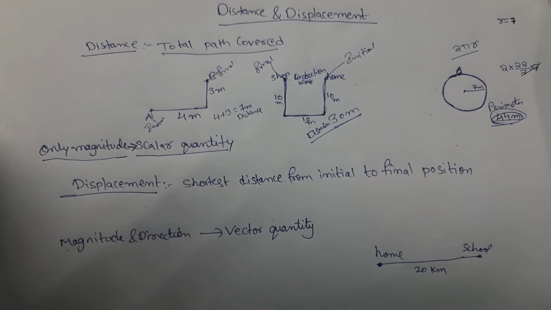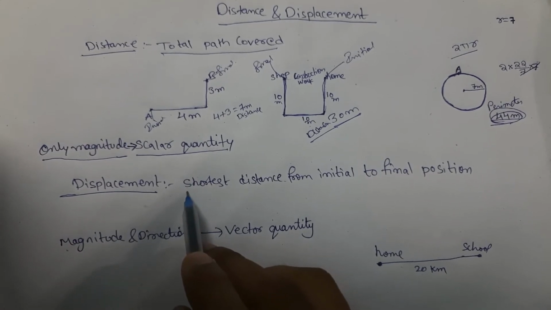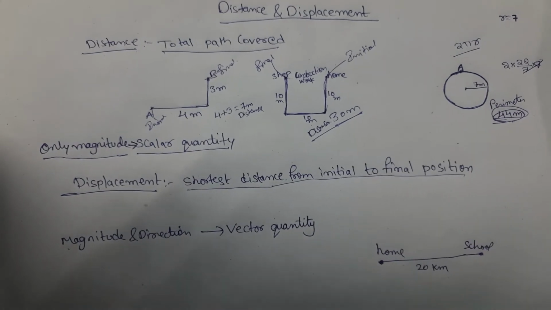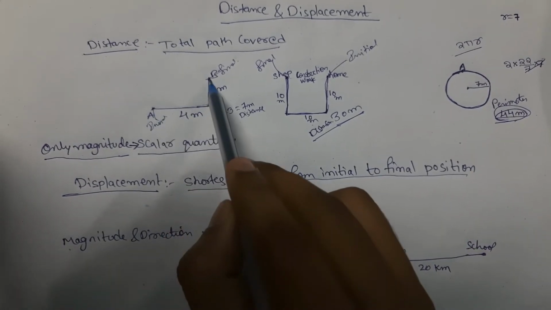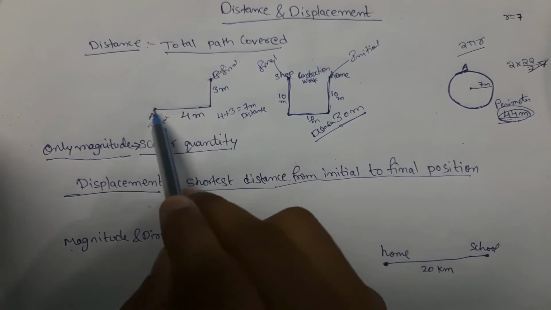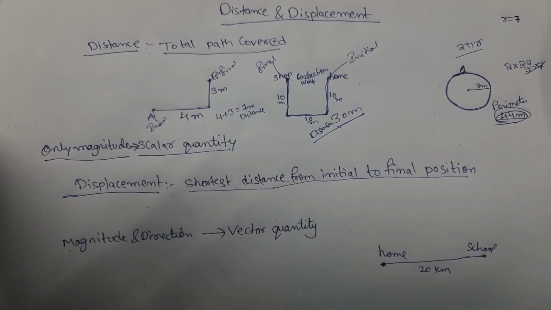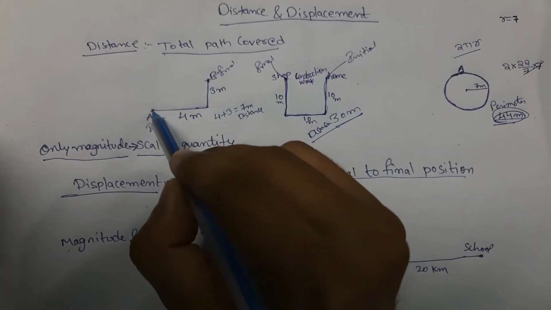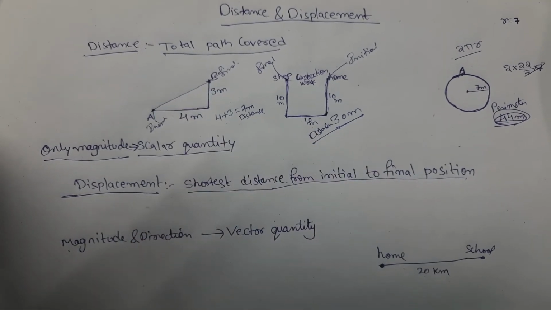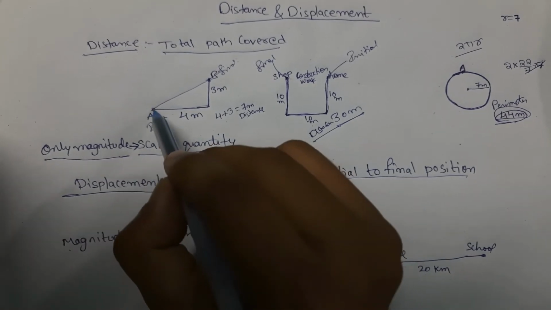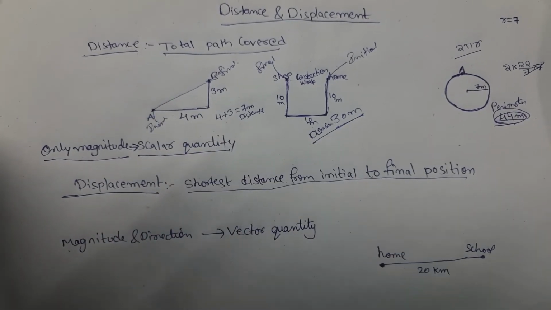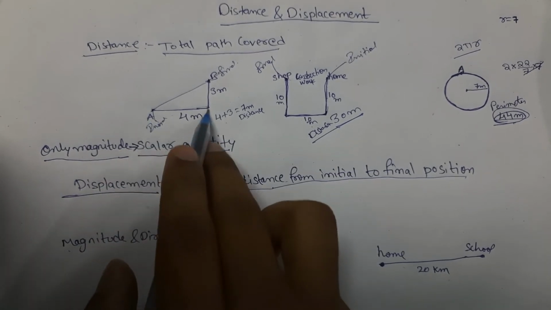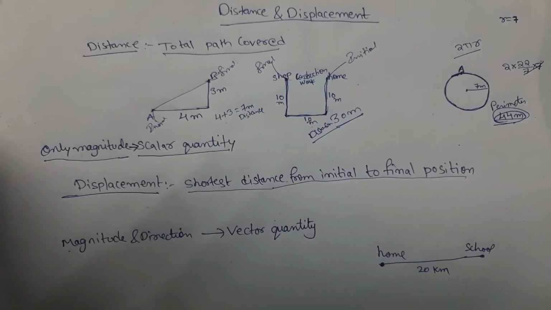Now what is displacement? The definition is the shortest distance from initial position to final position. I already told you, to reach your final position, that is point B, you travel a distance of 7 meters. But what is the shortest distance here? You can also travel in this direction. So this is the shortest distance. Sometimes both the shortest distance and the distance you travel may be the same.